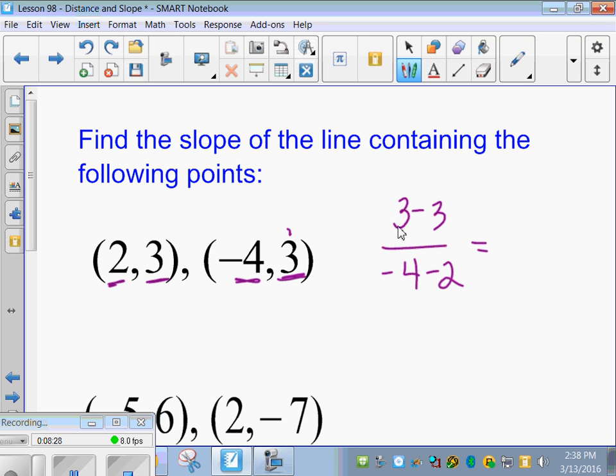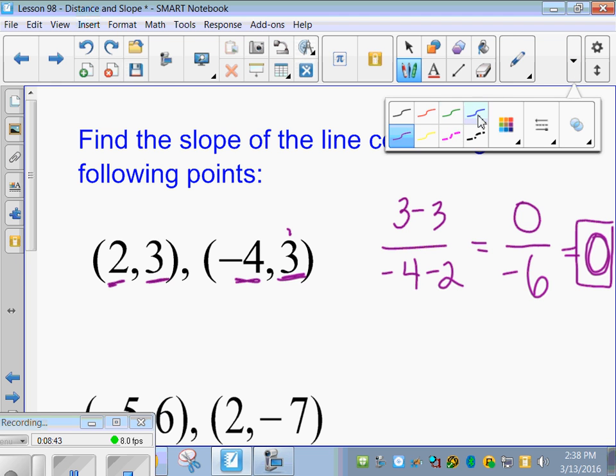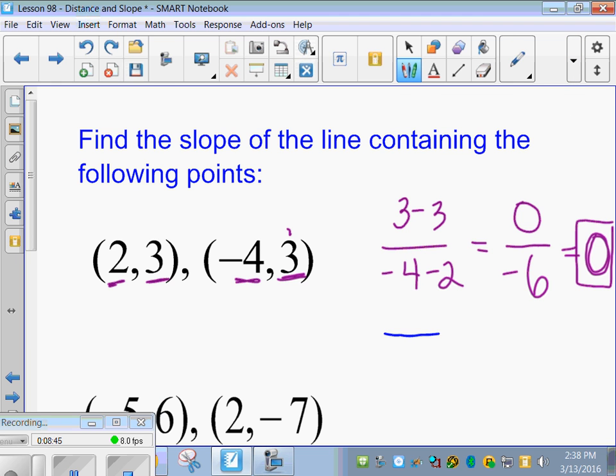So what happens in the numerator is we get 0 over negative 6. And 0 over negative 6 is equal to 0. So if you have 0 in the numerator, that means you have a slope of 0. The other thing you need to remember is if you have a slope of 0, your line is horizontal and looks like that. You have a flat slope, okay?